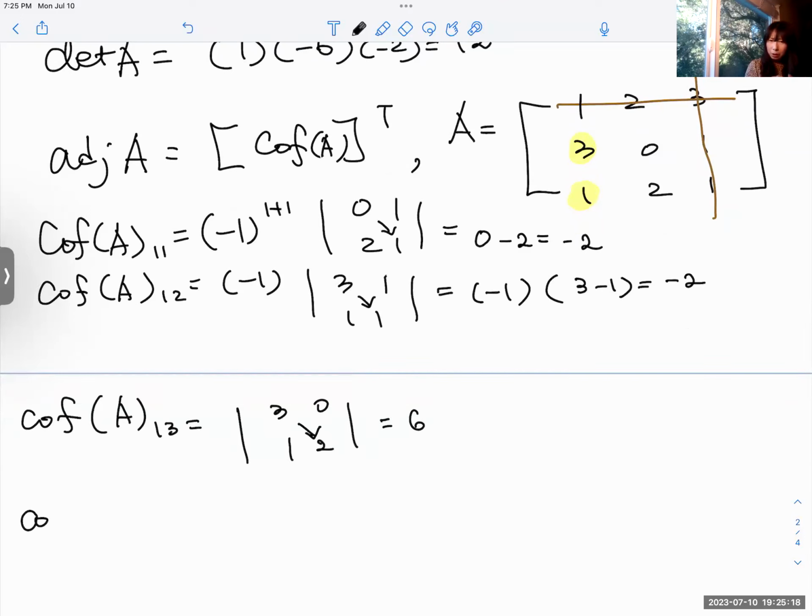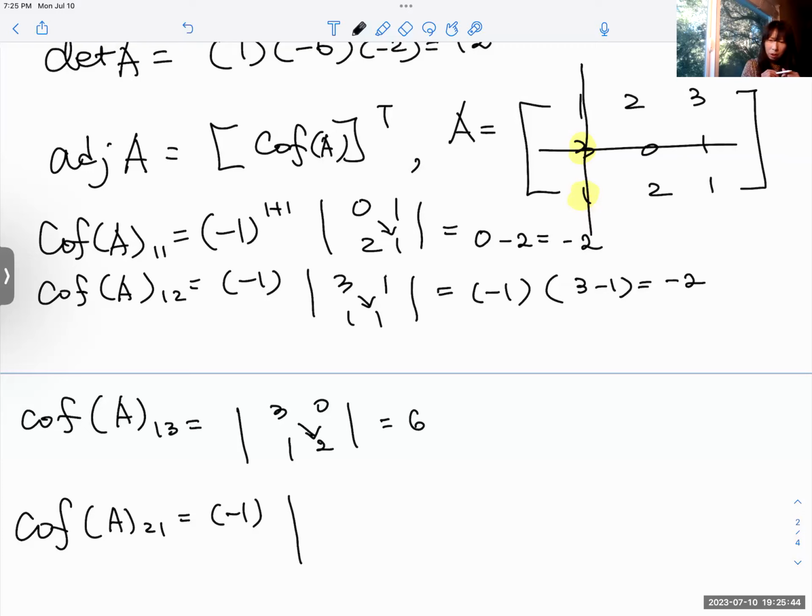Now we move to row 2, so cofactor of A, 2, 1. We had earlier positive, it's negative, right? So 2, 1. We get 2, 3, 2, 1. Multiply, so negative, 2 minus 6, which is positive 4.